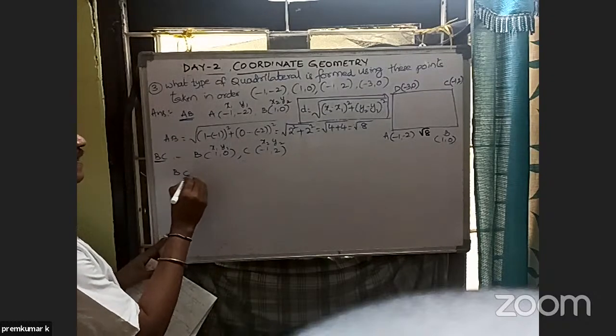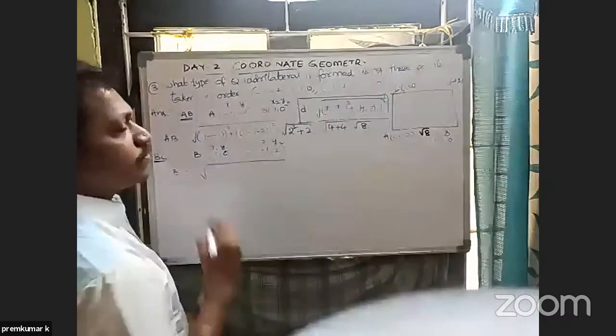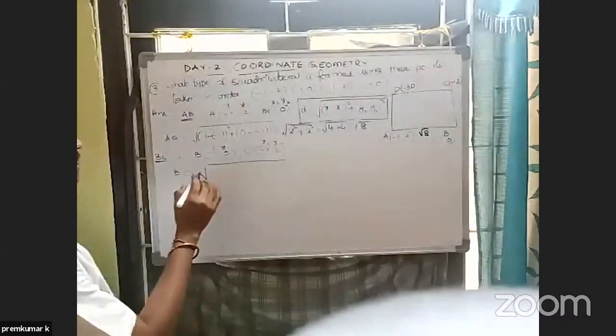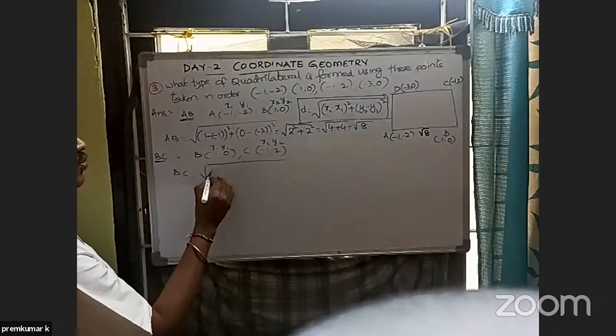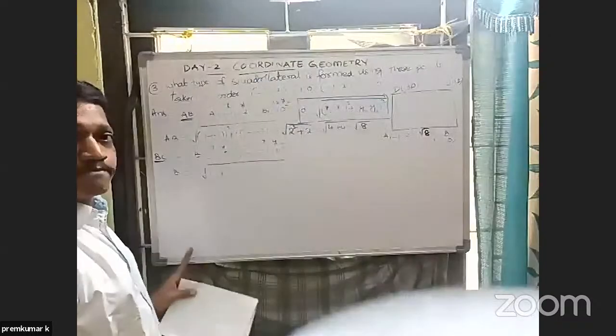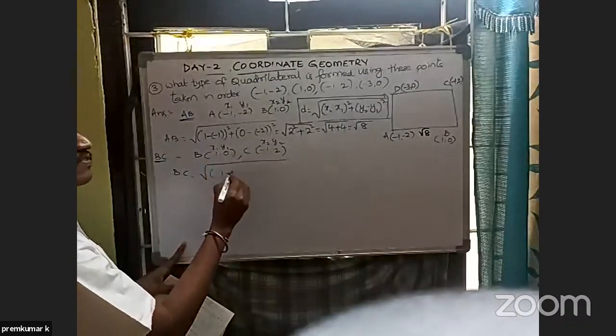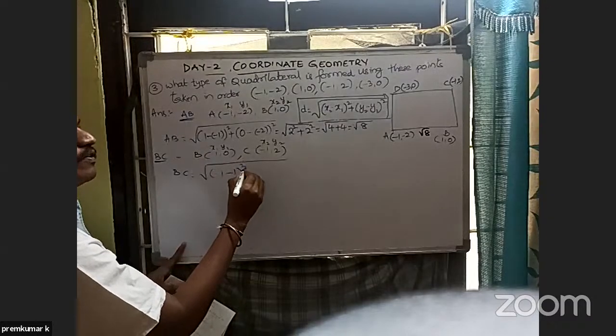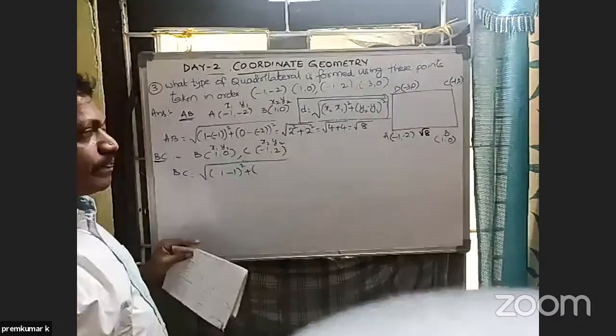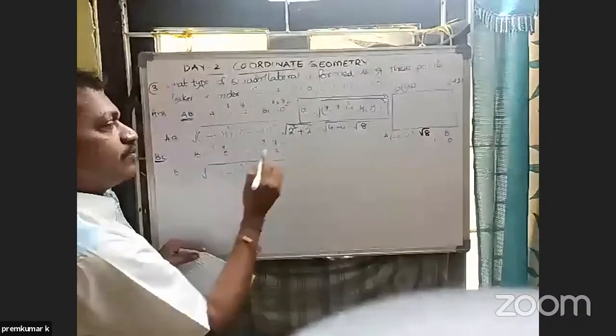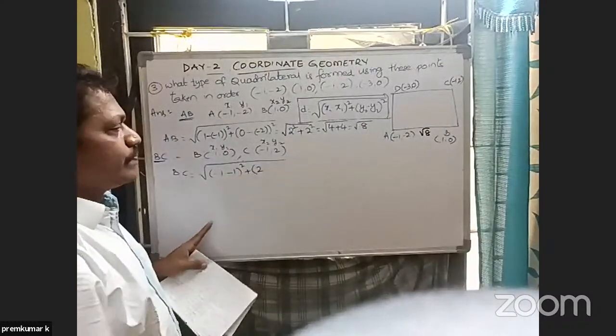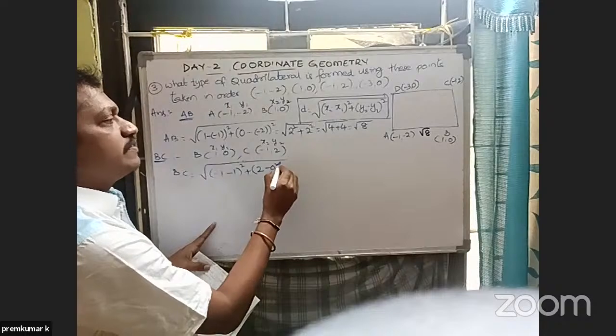Now BC is equal to the root of (x2 minus 1) minus of 1 square, and (y2 minus 0) square.